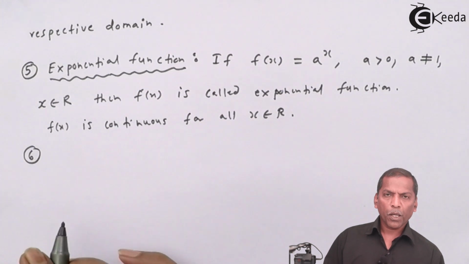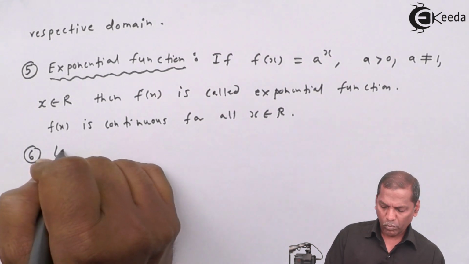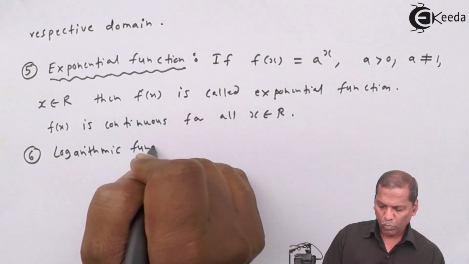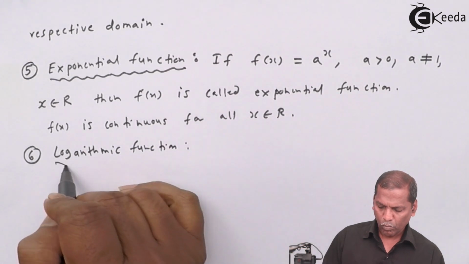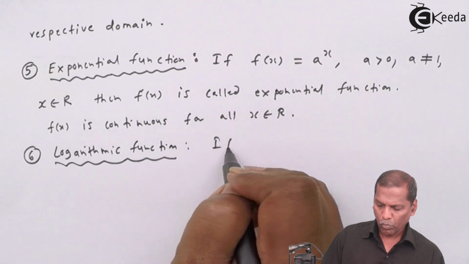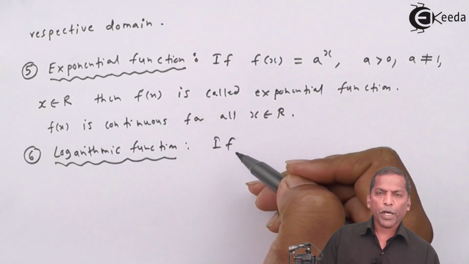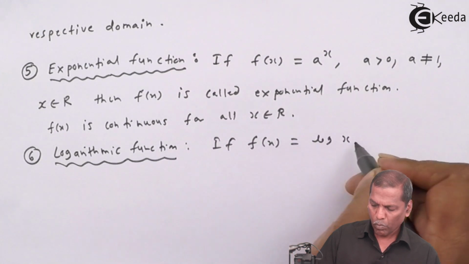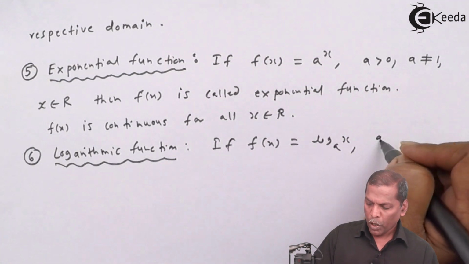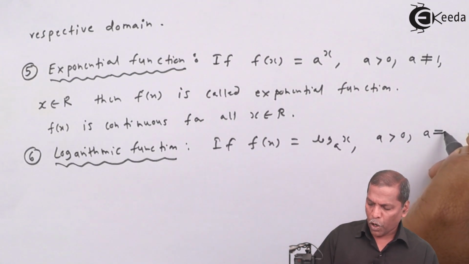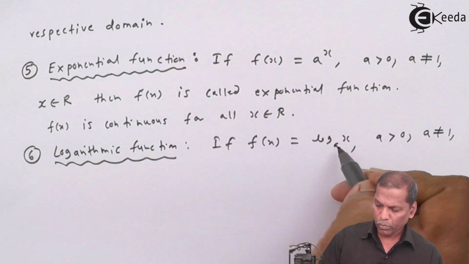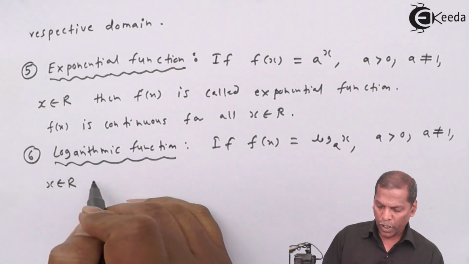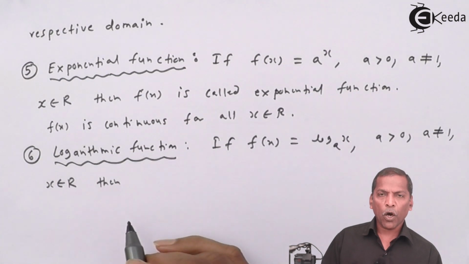Number 6, logarithmic function. If f of x is equal to log x to the base a, a greater than 0, a not equal to 1, x belongs to R, then f of x is called logarithmic function.